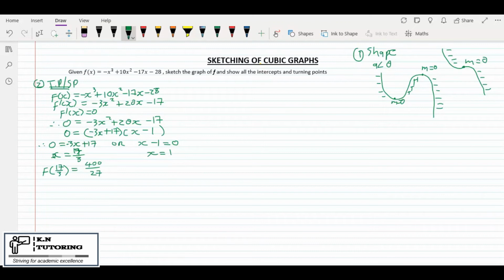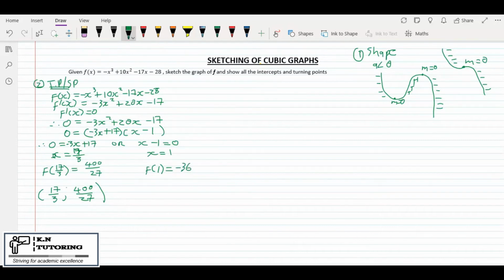So the x value gives me a y value, which means my first turning point will be minus 17 over 3, and then here is going to be minus 400 over 27. Similarly, after getting the x value of 1, I'm going to substitute it in the original equation. So f of 1, if I substitute there, I will get an answer of minus 36.